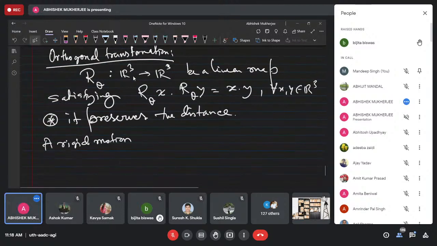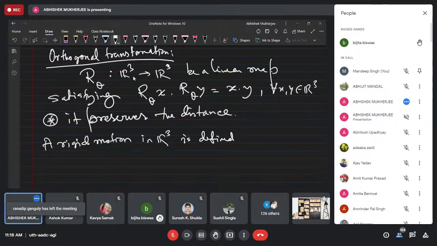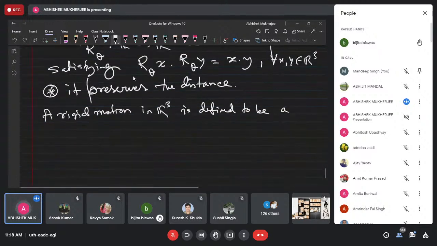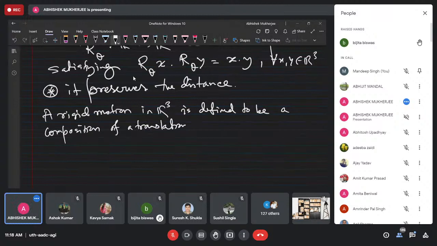So a rigid motion in R3 is defined to be a composition of a translation with an orthogonal transformation.